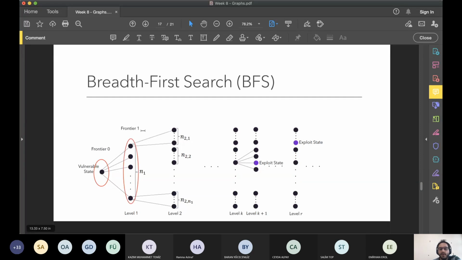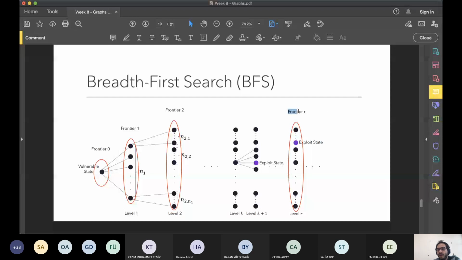From here, we discover all of these level 1 vertices, and we create frontier 1, and then we create the second level, frontier 2. If we need to visit these vertices from our initial vertex, we need to visit at least 2 edges, right? So we can keep going until all of these graphs are explored.